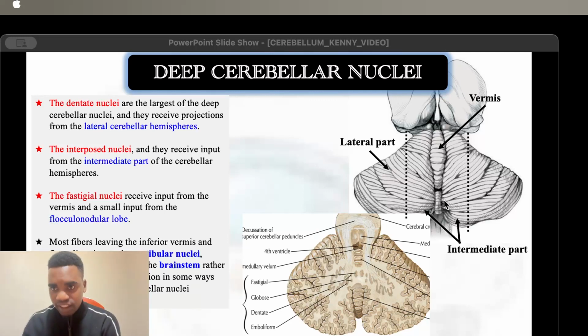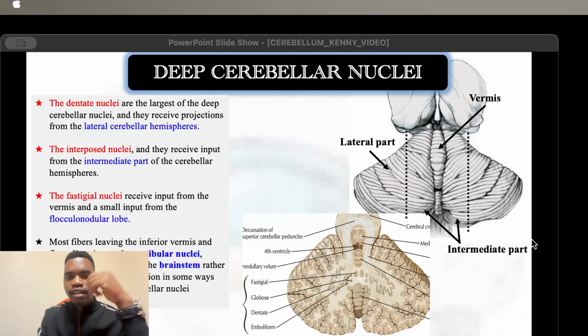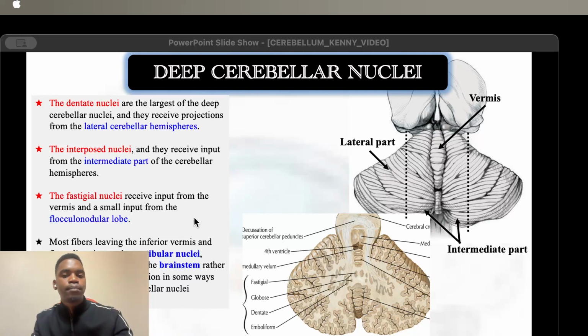So if we have damage to this nucleus, the fastigial nucleus, the symptoms will be the same as if you have damage to the vermis of the cerebellum. So guys, I think it makes a lot of sense that these nuclei communicate with these functional parts of the cerebellum.